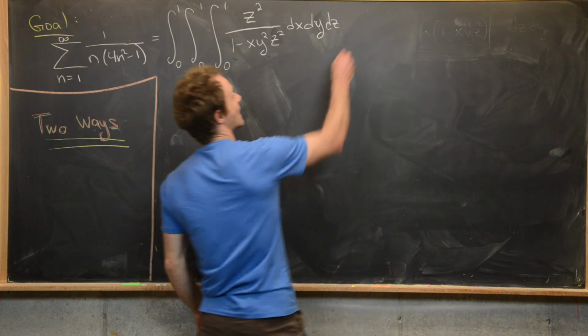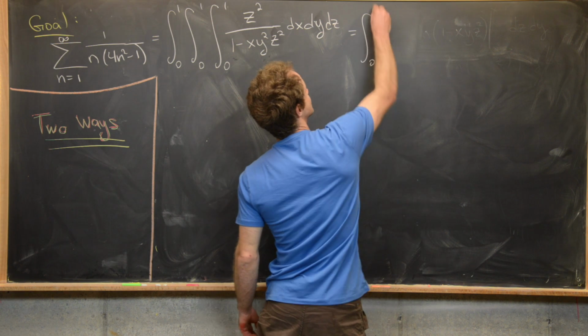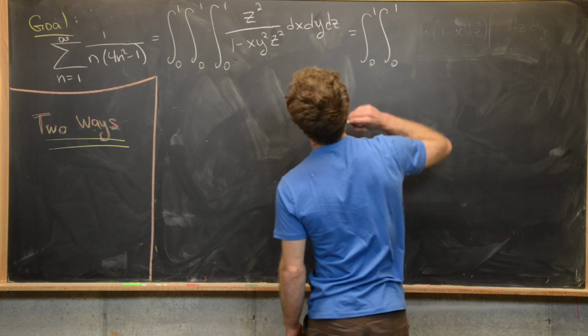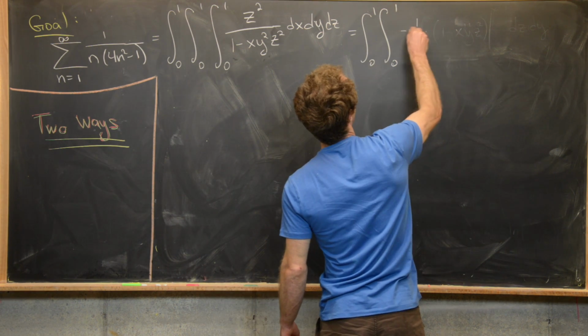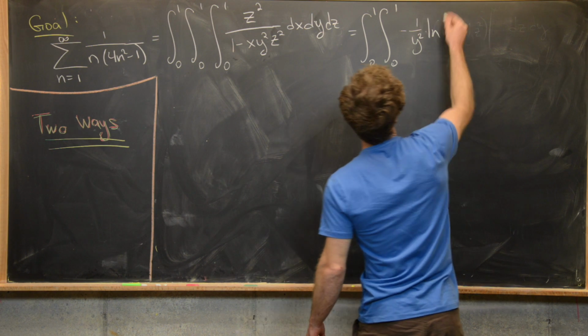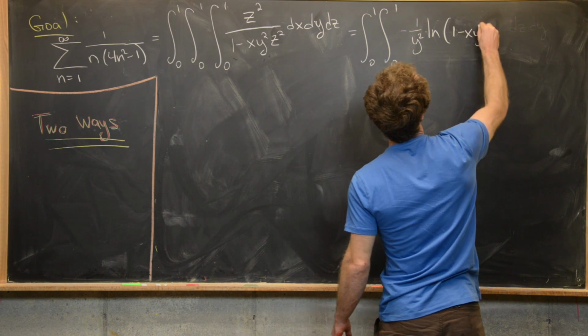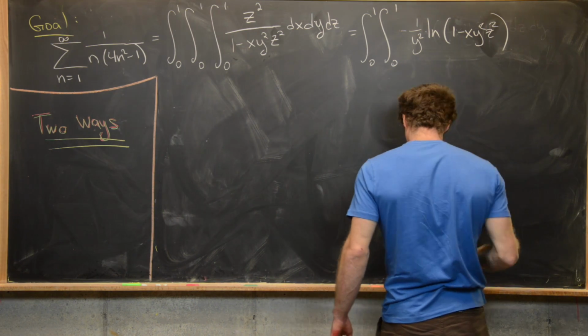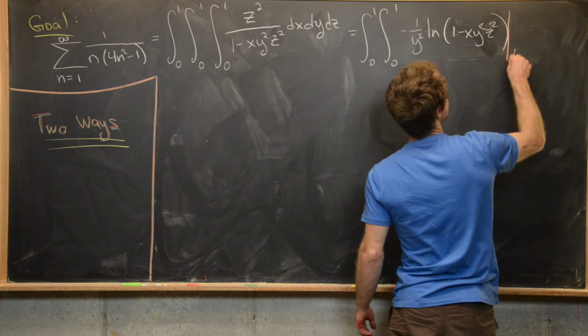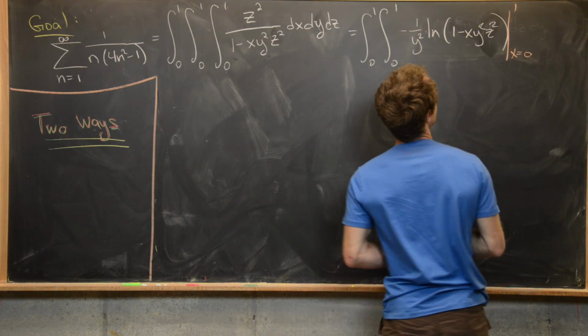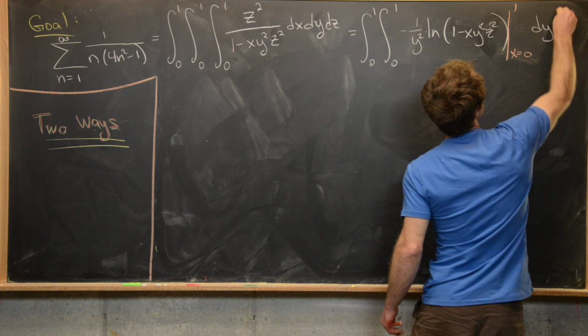So notice we can write this as now a double integral, 0 to 1, 0 to 1 of minus 1 over y squared, and now we have the natural log of 1 minus x y squared z squared, where we are evaluating x from 0 to 1, and then dy, dz.